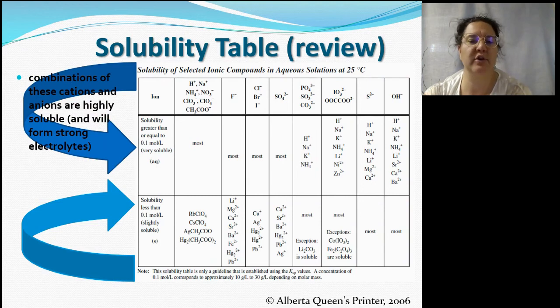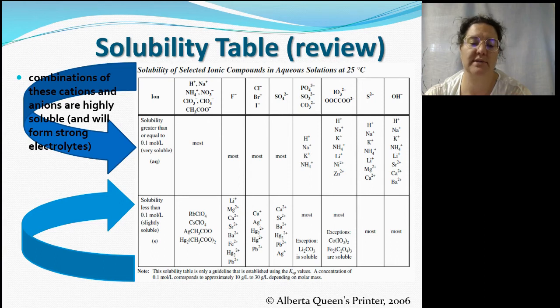So when we look at our solubility table, and this is in your data booklet, combinations of the cations are highly soluble and will form strong electrolytes. So we can see that if we put most chlorine ions in a water solution, they're going to dissociate and dissolve. However, if we put most hydroxide ions into a water solution, they're not going to dissolve, except for the list of them above.